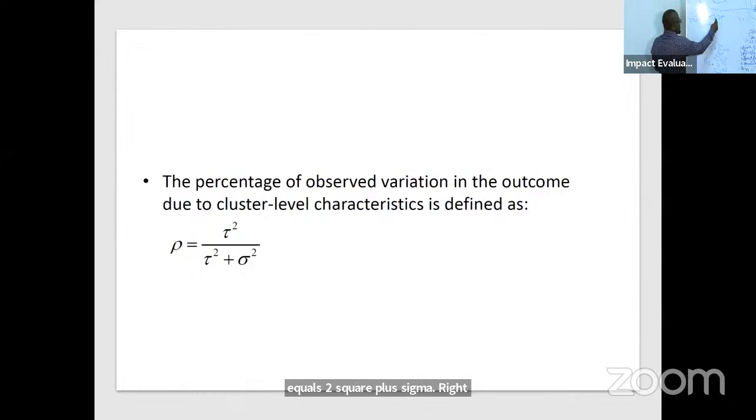What does it mean? Sigma square equals 0. Are we together?